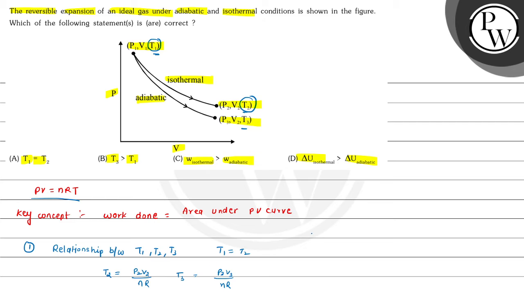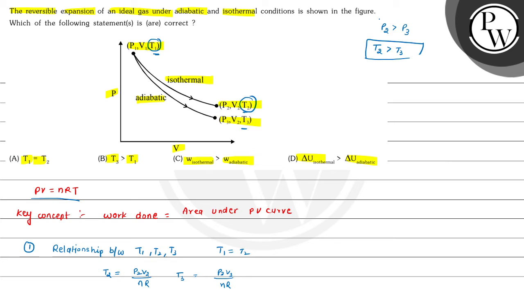So we can write that, using this graph, we can see that the value of pressure P2 is greater than P3. So T2 must be greater than T3, because pressure and temperature are directly proportional.